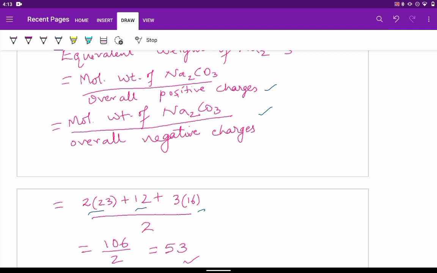The carbonate ion is single in number, but it carries 2 negative charge. So overall charge due to the anion carbonate is also 2 negative. So either of that we can take, so we have to divide by 2. So 2 into 23 for sodium plus 12 for carbon plus 3 into 16 for oxygen, which is 3 in number. When we add up, we get 106 divided by 2, that is 53.